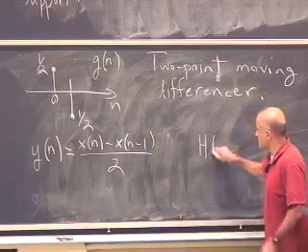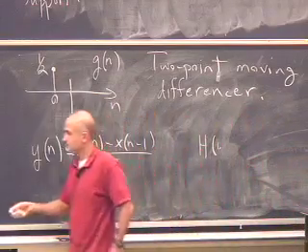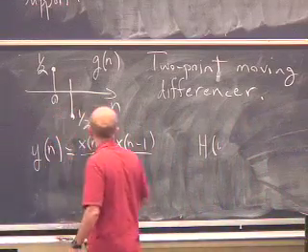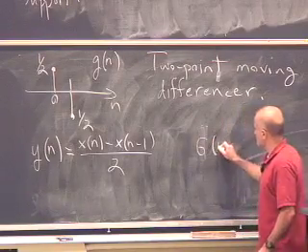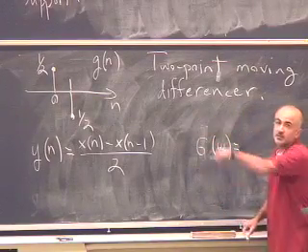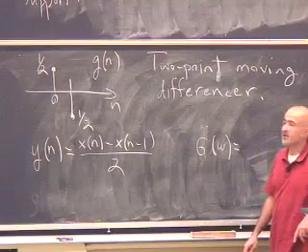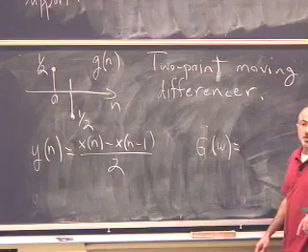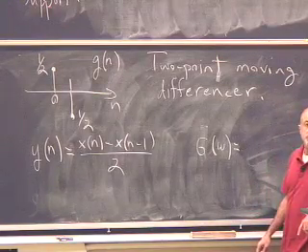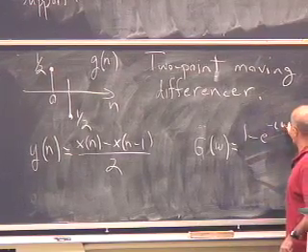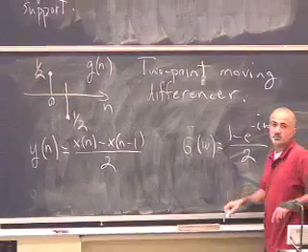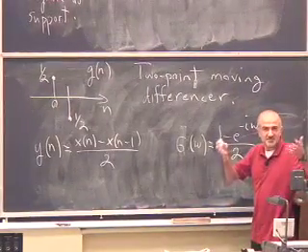H of omega, the G of omega, will be related to the other one. How? The other one was 1 plus e to the minus i omega over 2. This one is 1 minus e to the minus i omega over 2. Mathematician's joke, remember?